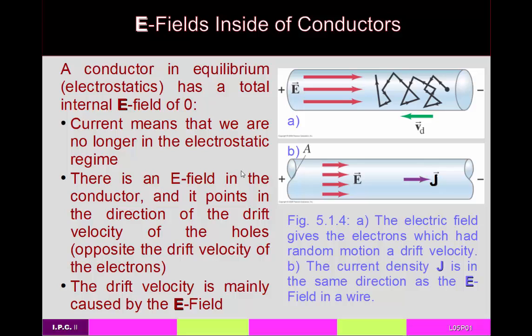And basically, the reason why they're all moving is because you've applied this field to the conductor. So you get some drift velocity. For the electrons, it's opposite the direction of the field. For the holes, it's the same direction as the field. And this drift velocity is basically being caused by this applied electric field.